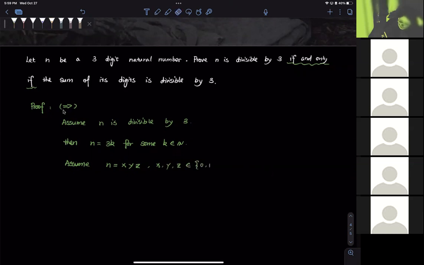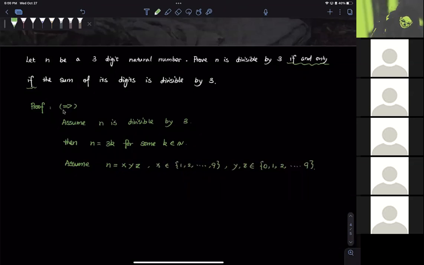Wait, x cannot be 0. x can only be 1 to 9. But y and z can be 0.